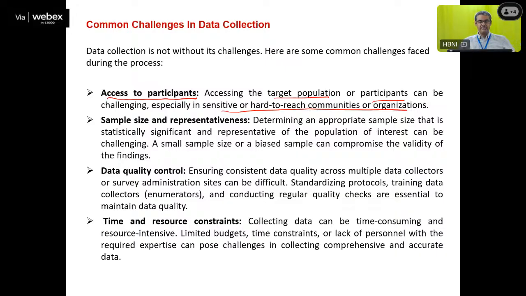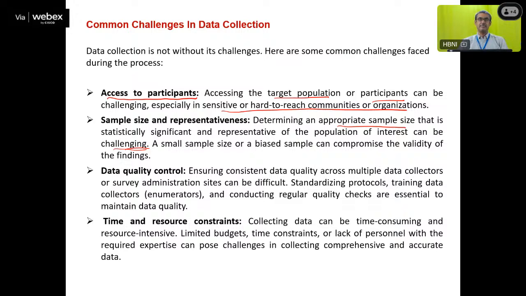Sample size and representativeness. Determining an appropriate sample size that is statistically significant and representative of the population of interest can be challenging. And this holds true even in the case of scientific research. So what is an appropriate sample size?